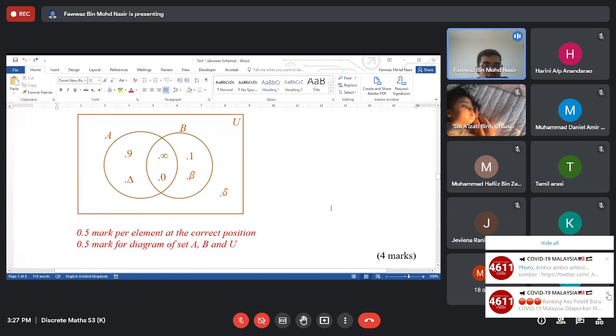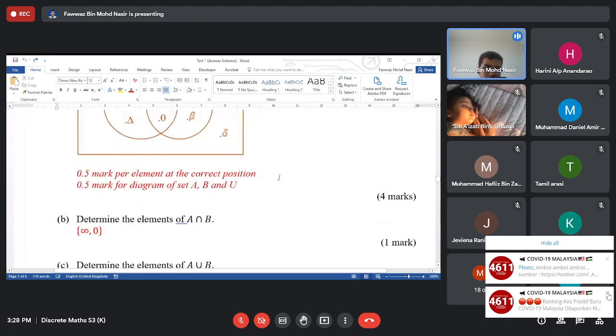So basically untuk Venn diagram ni, okay, each correct element, each correct position of the element you get 0.5 mark. Okay, mana-mana elemen yang korang letak dekat the right position, okay, into the right set, get 0.5 mark. Then the label for the sets, okay, A, B dengan U ni, you have 3 labels, you get 0.5 mark each. So altogether you'll get 4 marks.